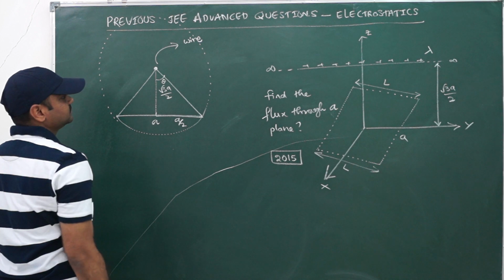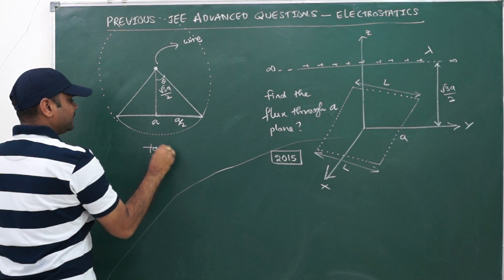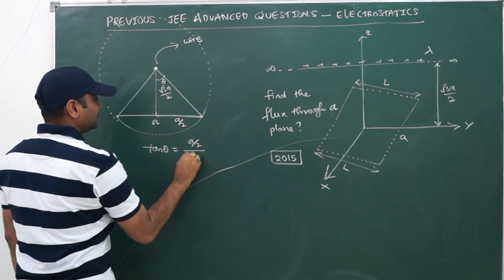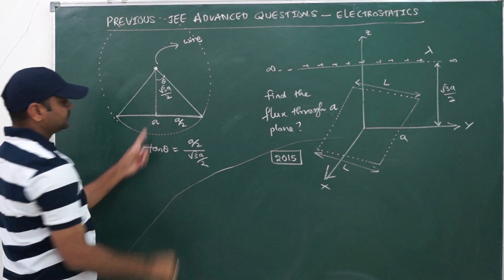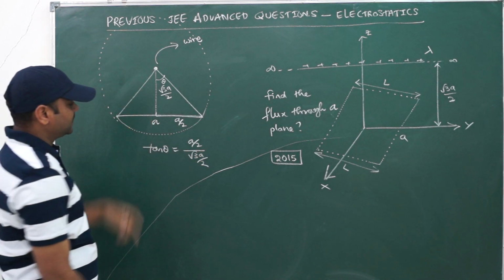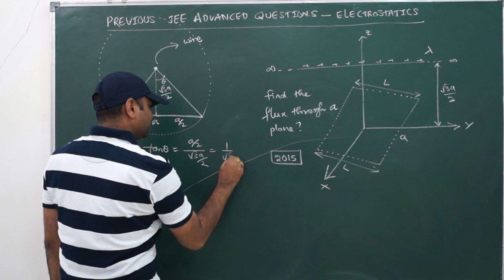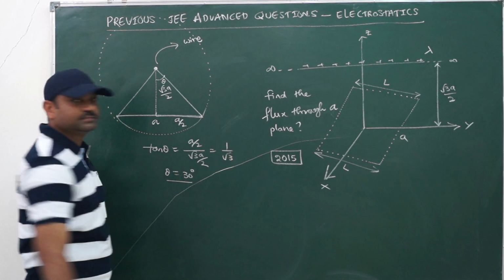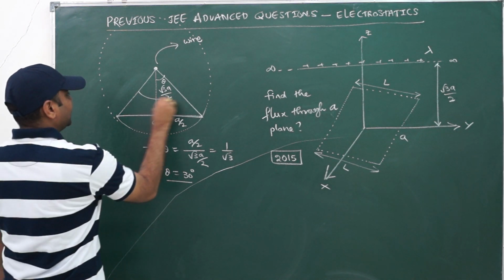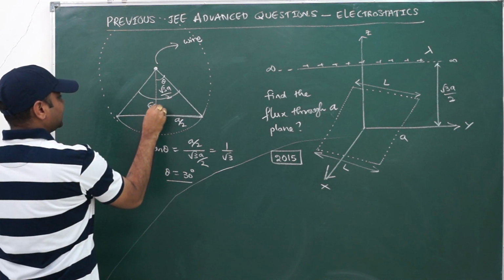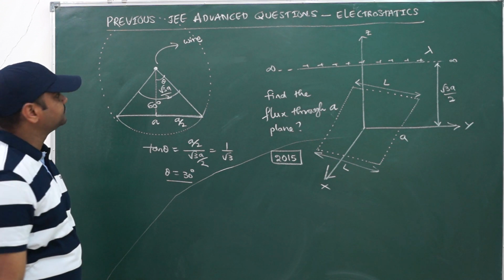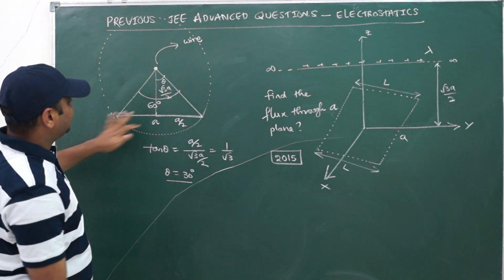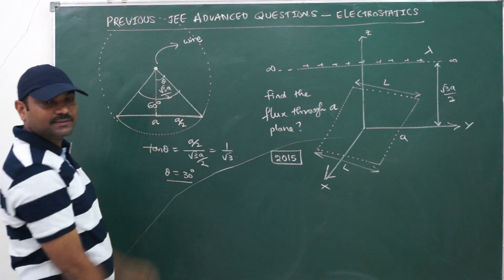Then tan theta is a/2 by √3a/2, opposite side over adjacent side, so tan theta is 1 by √3 and theta is 30 degrees. That means the total angle made by the sheet at the center is 60 degrees. Now if I take the complete cylinder, the cylinder length is L, inside.